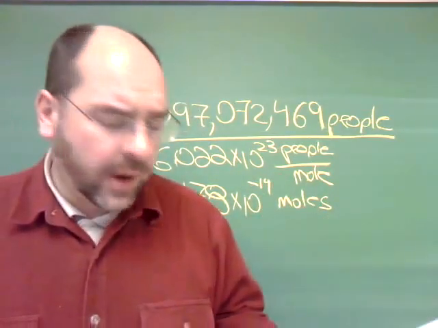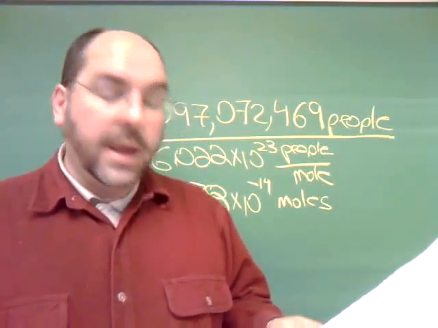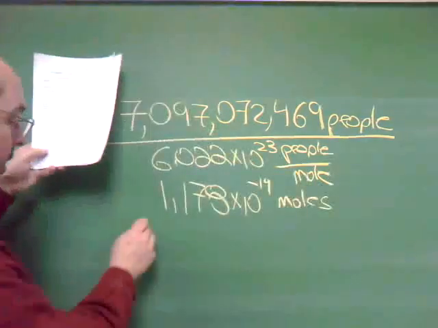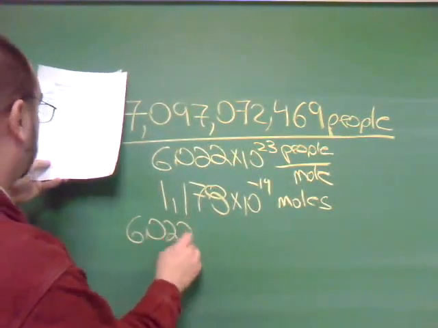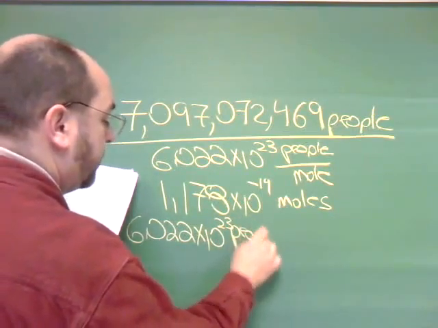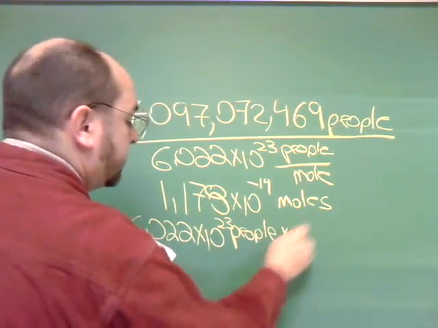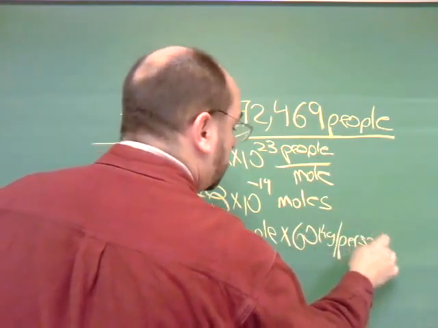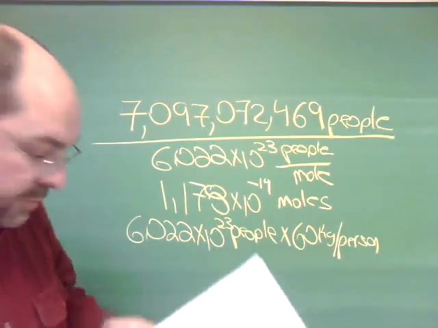So very tiny fraction of a mole's worth of people. If we did have a mole's worth of people, that would be 6.022 times 10 to the 23rd people times 60 kilograms per person would be a pretty huge mass.